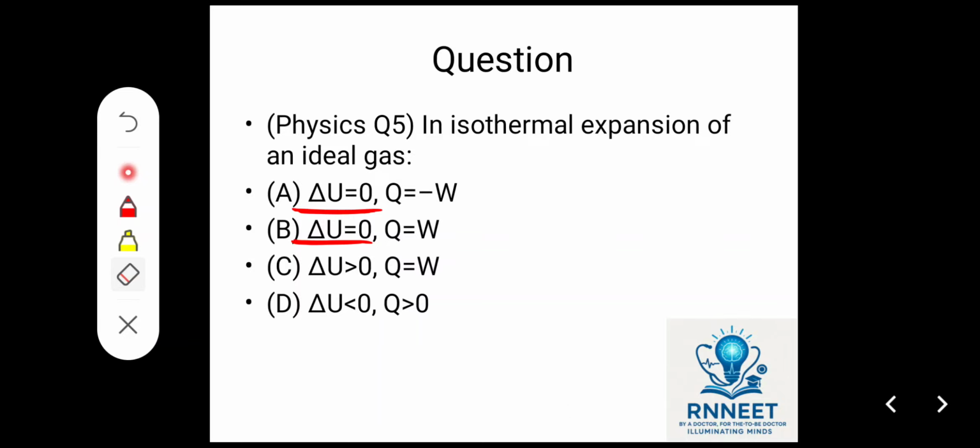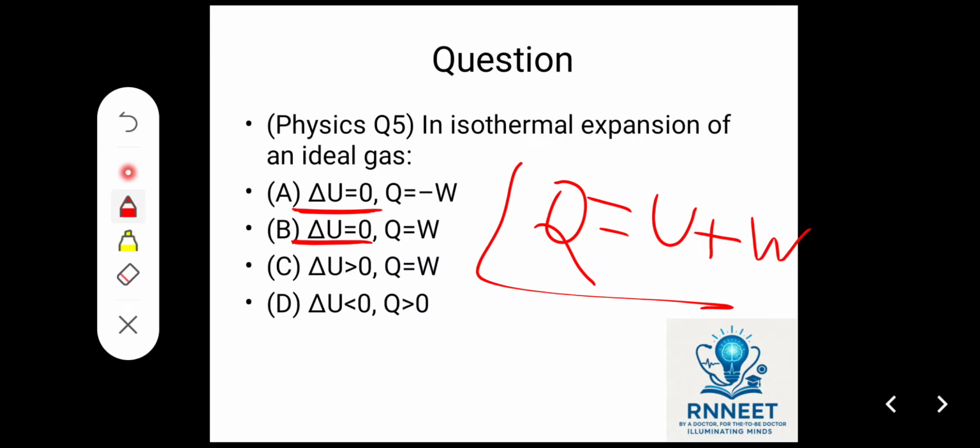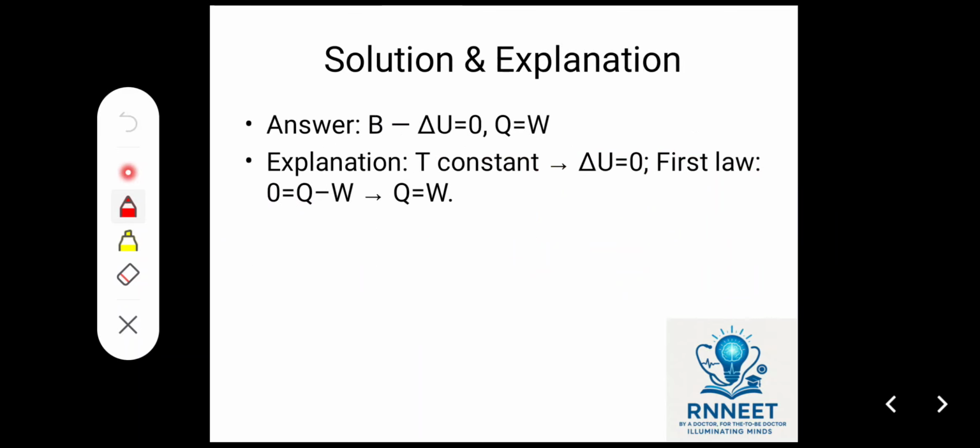Remember, the basic equation that you need to know is delta Q is equal to delta U plus W. Or you can write delta U is equal to Q minus W. And so therefore, if you know this basic equation, putting delta U as 0, you get Q is equal to W. So the answer is B, Q is equal to W.